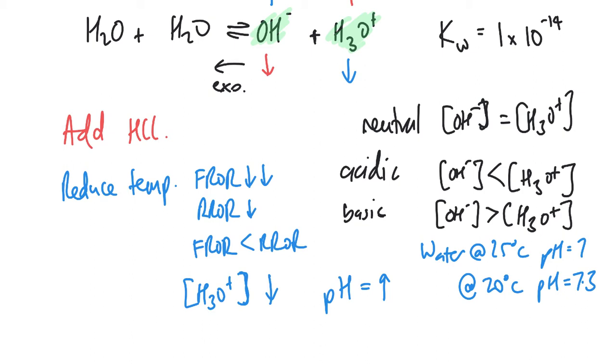So therefore, the hydroxide ion concentration also decreases, that means that both of them will be equal still. OH minus concentration will be equal to H3O plus concentration, even though the pH is not at 7. Because they're both going to decrease, but they're going to decrease equally.